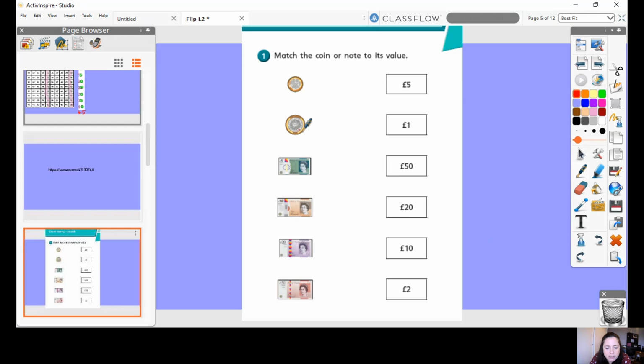Well, I know the bigger one is the £2 coin because I know that's bigger. And I know that that's the £1 coin. So again, what you need to do is draw the lines to match the amount to the value. So we're talking with quite large amounts of money today. We're not in the pence anymore, we're in the pounds. Right, pause the video and have a go at that one.